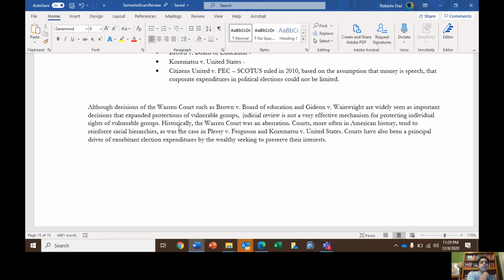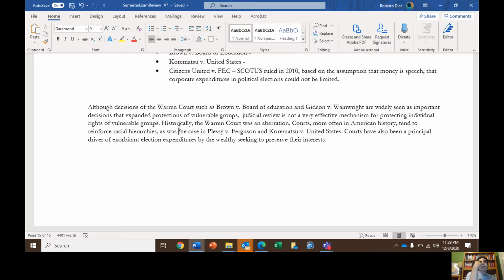We saw a lot of decisions that disappointed us, like Schenck versus United States, which we saw as an affront to free speech as we know it today, which of course gets redefined by Warren Court decisions.